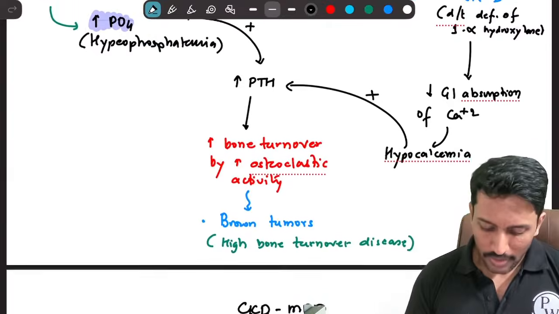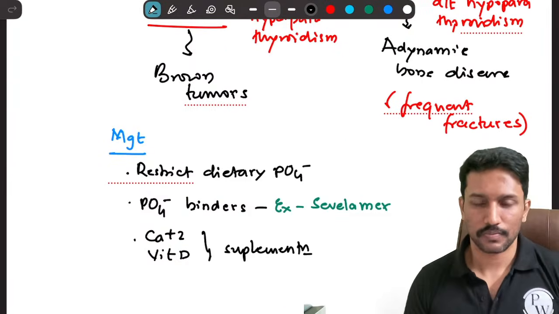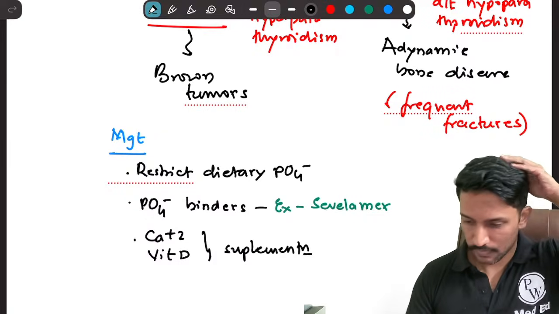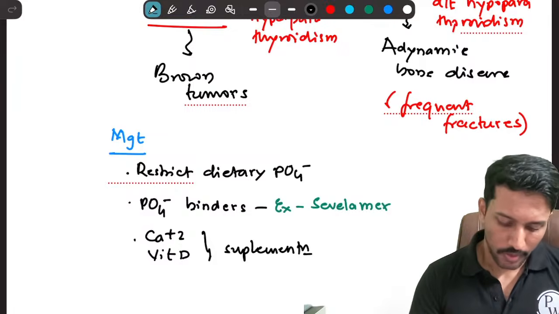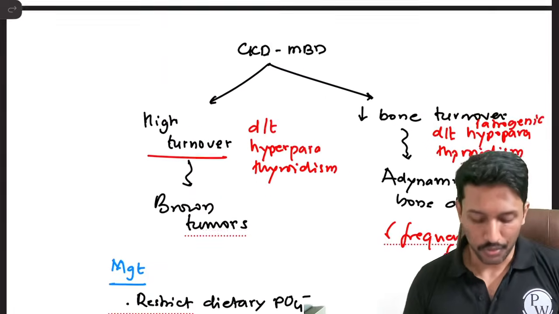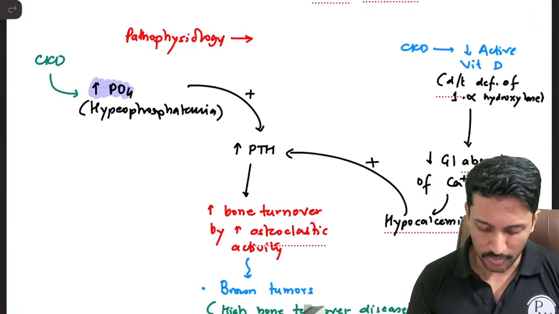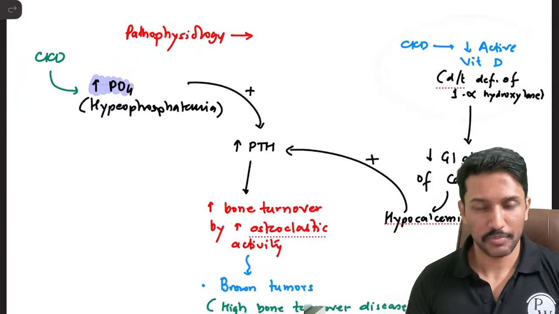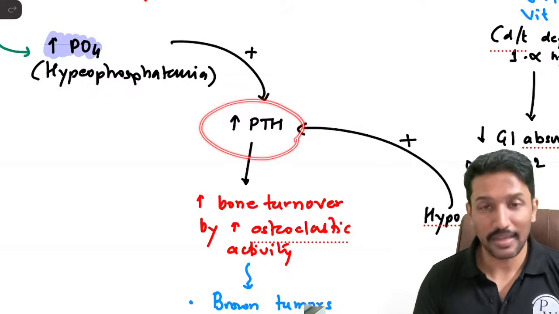Okay, then what else can I do to treat this high bone turnover? What can I do apart from restricting phosphate and supplementing with vitamin D and calcium? See, the root cause is high phosphate, but the pathology is driven by hyperparathyroidism.